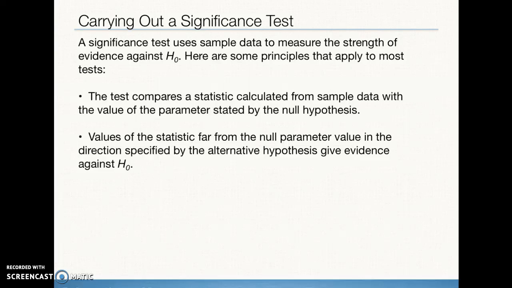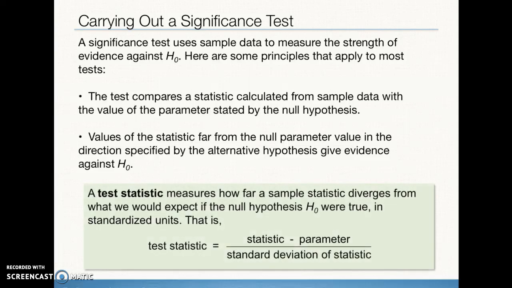It gives us evidence. If our sample value is very far away from the proportion in our null hypothesis, then that's evidence against the null hypothesis being true. The test statistic is going to count, once again, in standard deviations.